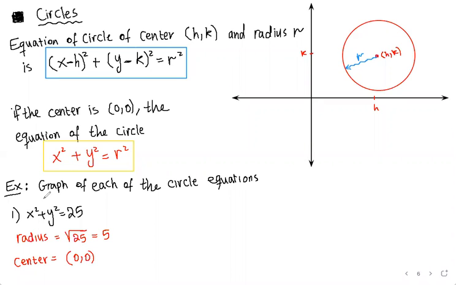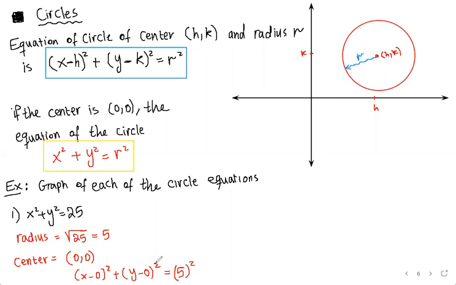Because if I make it look like the equation of a circle, it's going to be x minus 0 squared plus y minus 0 squared, and they give me 5, everything squared.